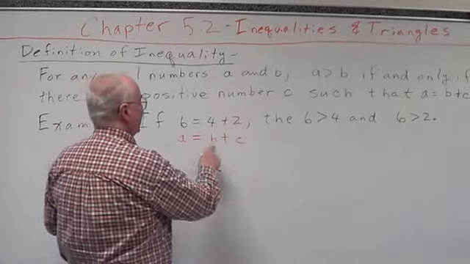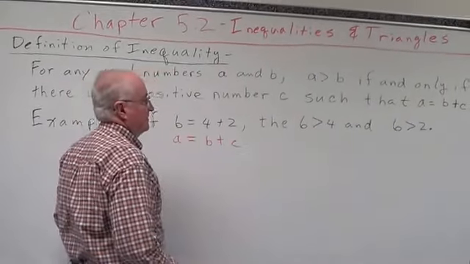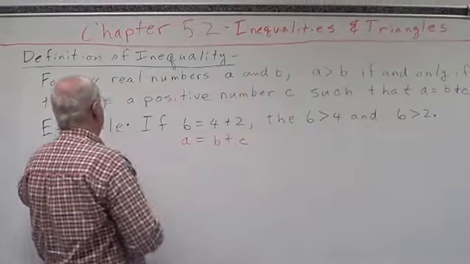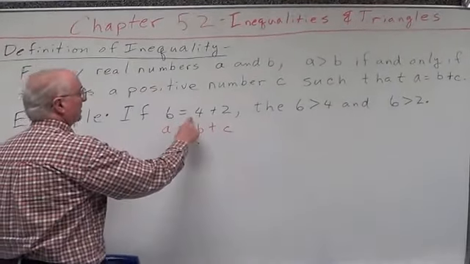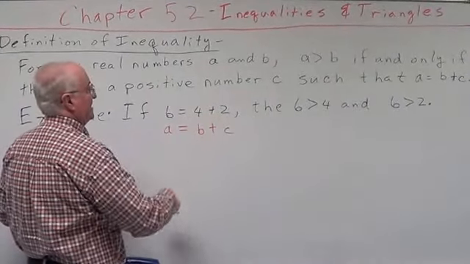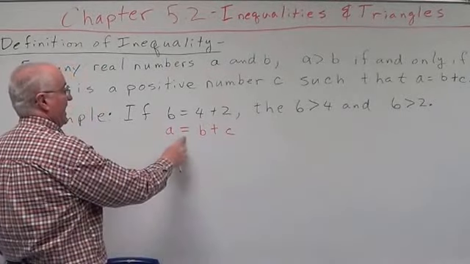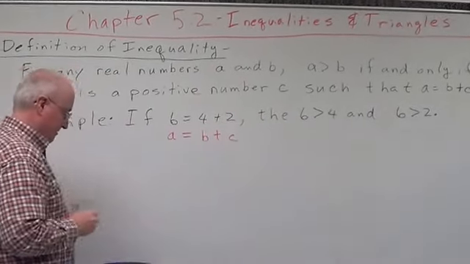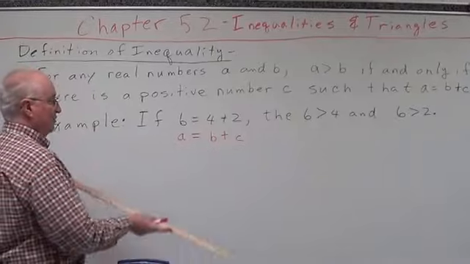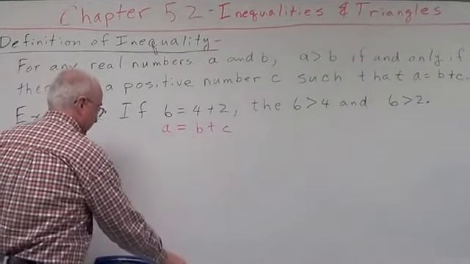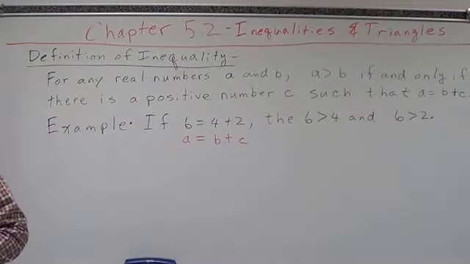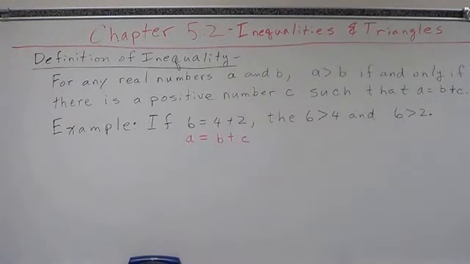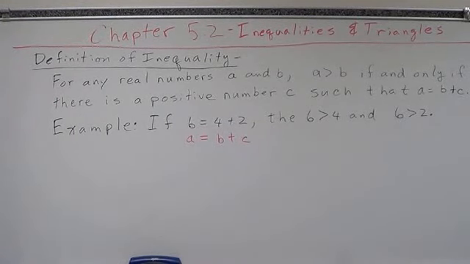So if a is greater than b, then there has to be a real positive number c that exists so that a equals b plus c. And then of course a is going to be greater than either one of those. That is the formal definition of inequality that we're going to be using. Very simple.